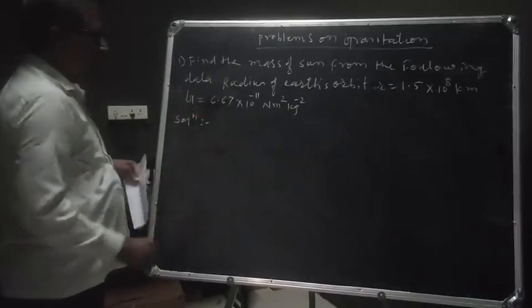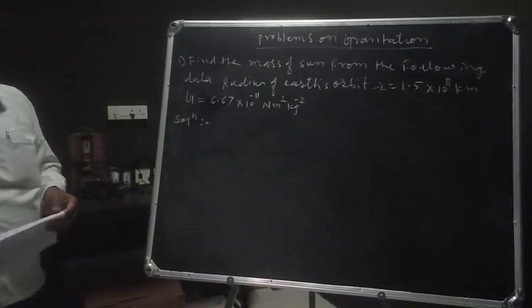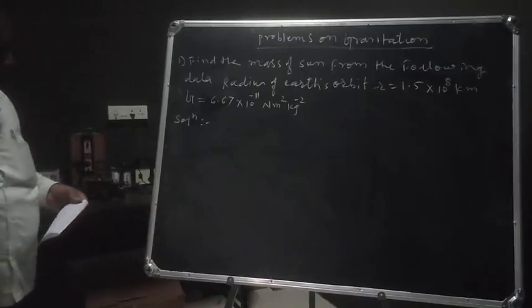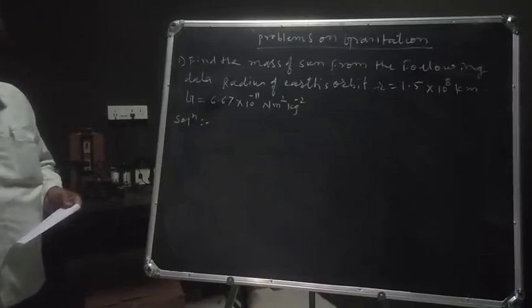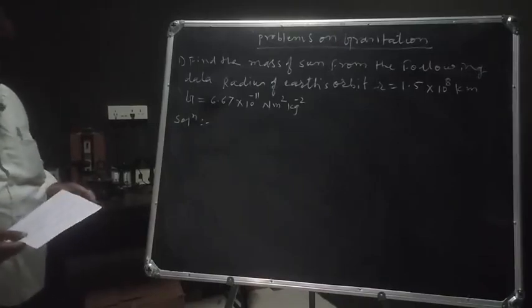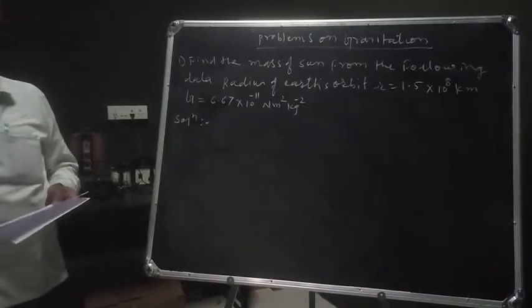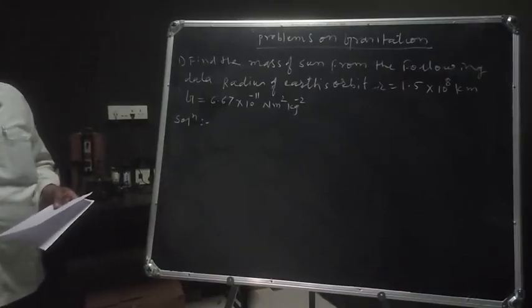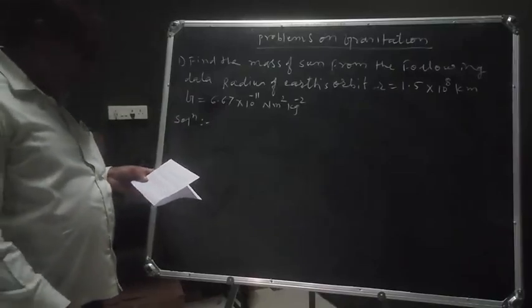Here, as we have seen, the formula for gravitation is given by G M m upon r square. In this problem, the Earth revolves around the sun in more or less a circular orbit.